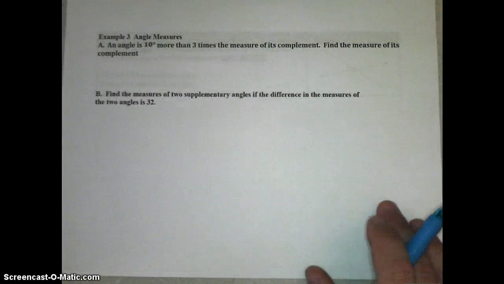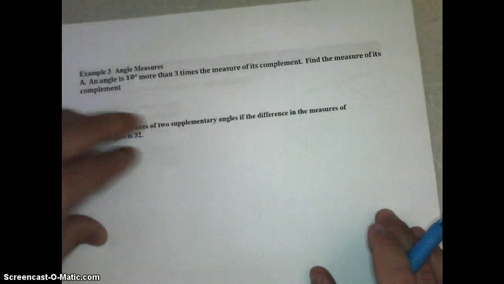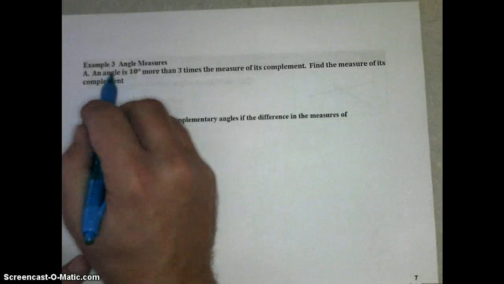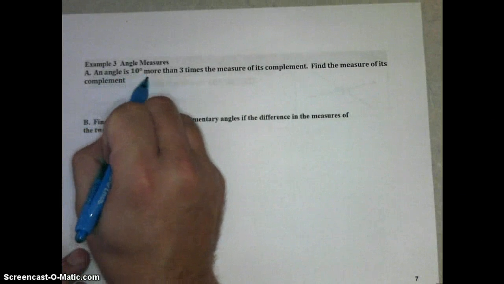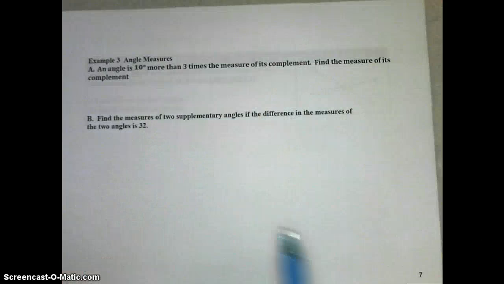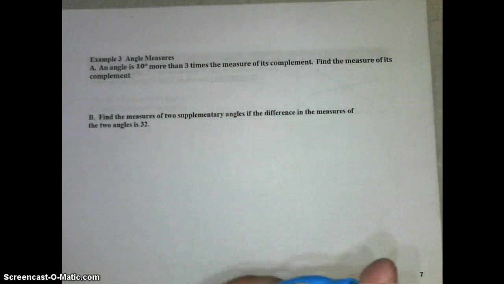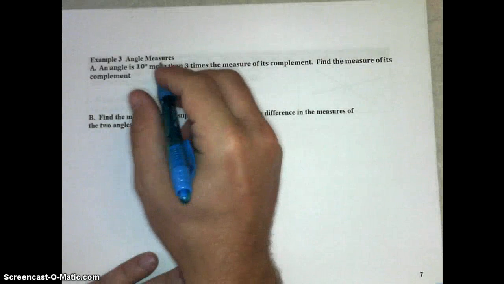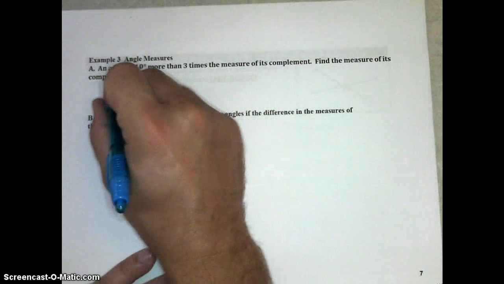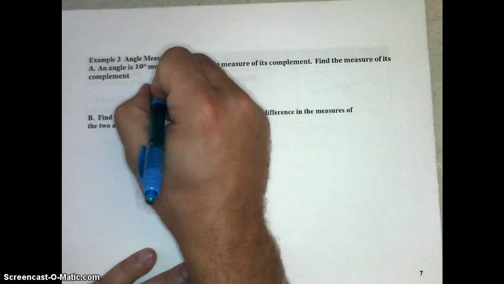All right, so let's talk about example 3. If we are told that an angle is 10 more than 3 times the measure of its complement, and we're asked to find the measure of its complement, here's what I want us to do. We're going to let our one angle measure be represented in terms of x.